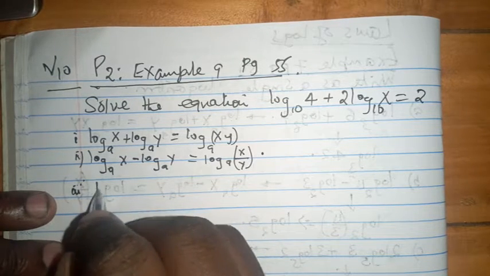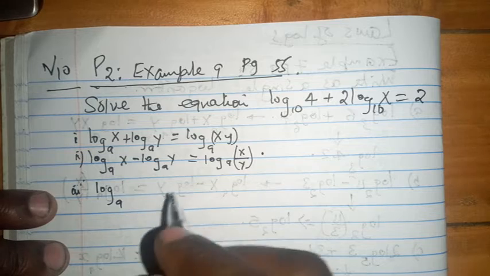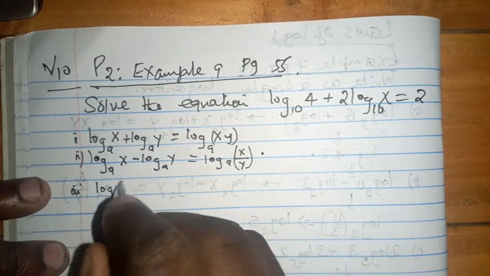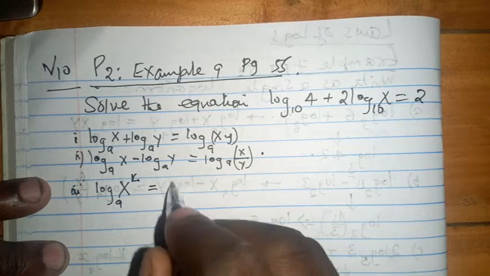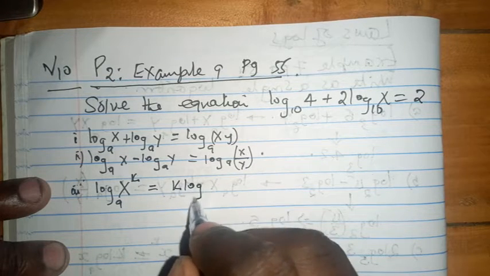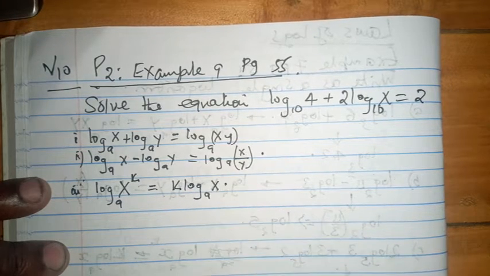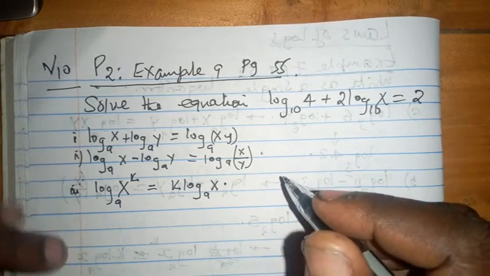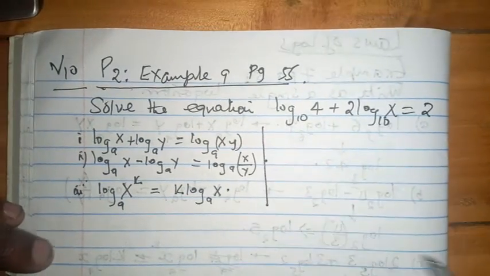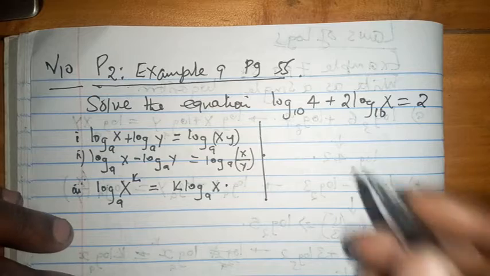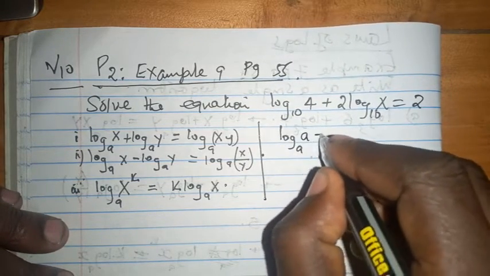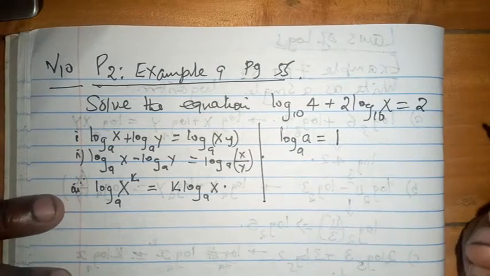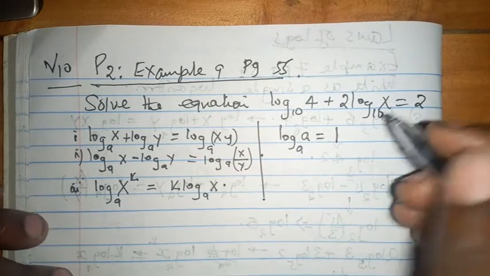We could talk about log to base a of x raised to power k is equal to k log to base a of x. That could be another law. And we are also told that log to base a of a is equal to 1. That is quite critical.